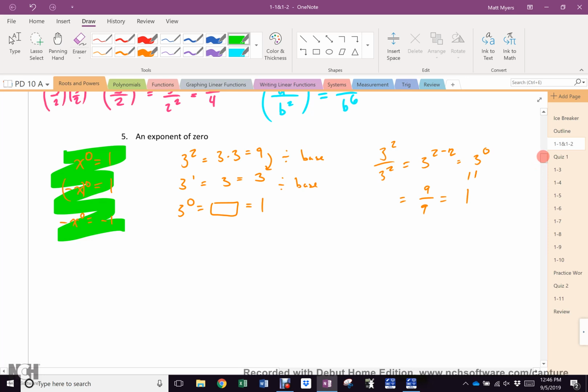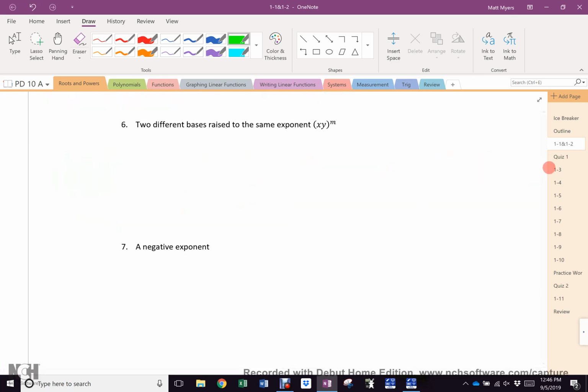I'm sliding on. Cool? Number 6 is an easy one. Number 6 should have been up beside number 5. I don't know why I moved it down here. You already know this because you already know that 3 over 2 to the 2 gets me 3 squared over 2 squared. So knowing what you already know, what would this be?